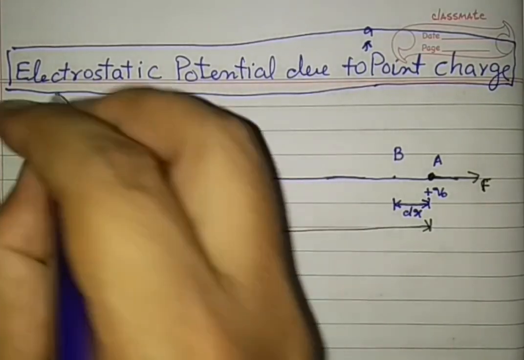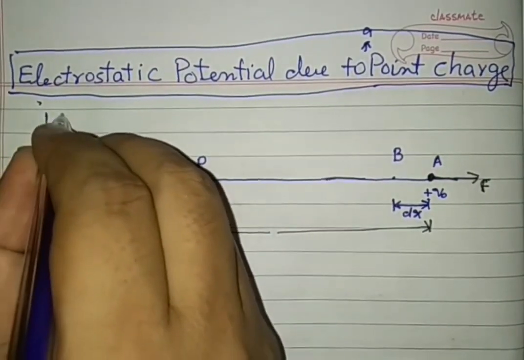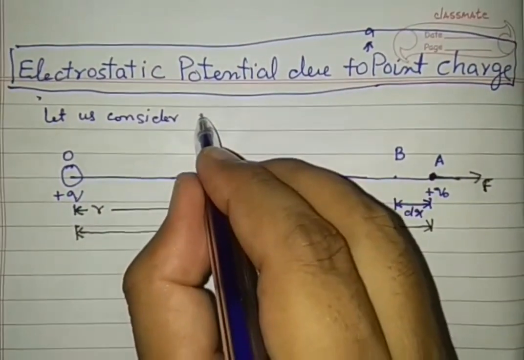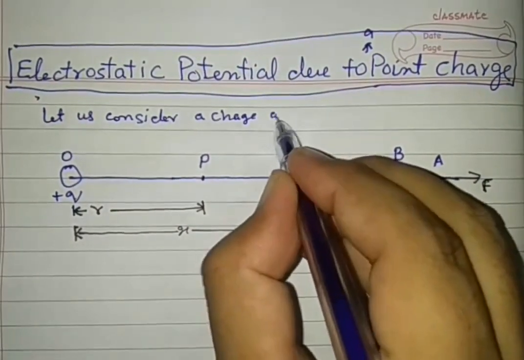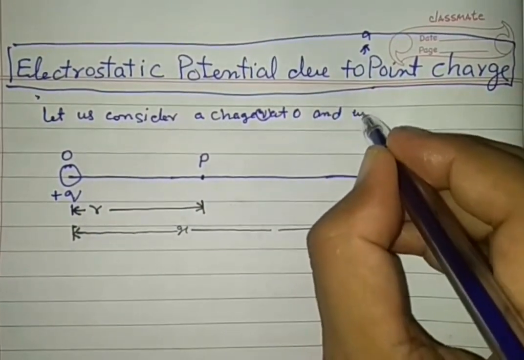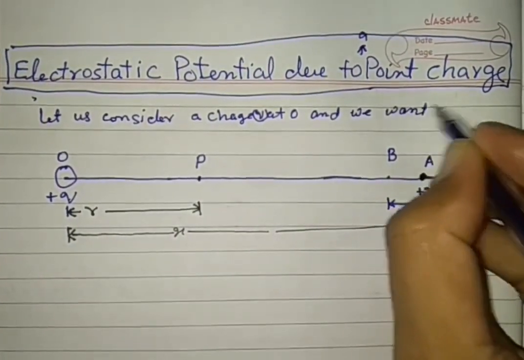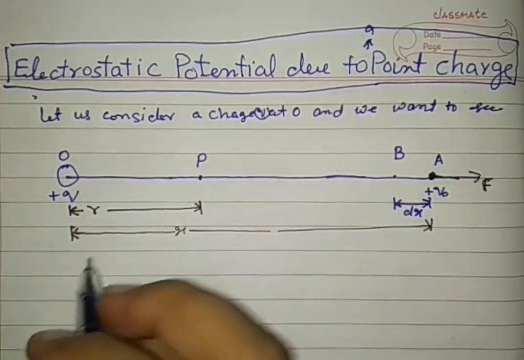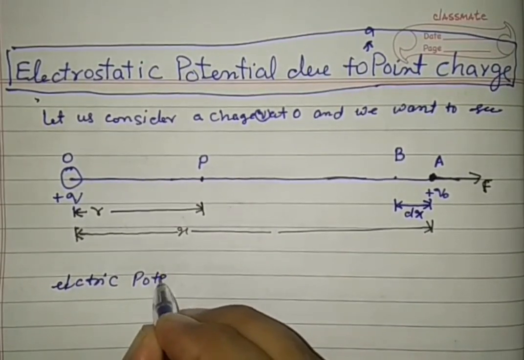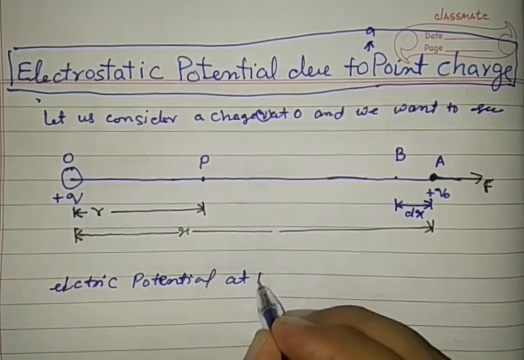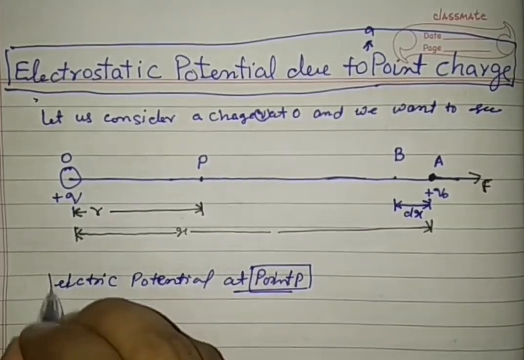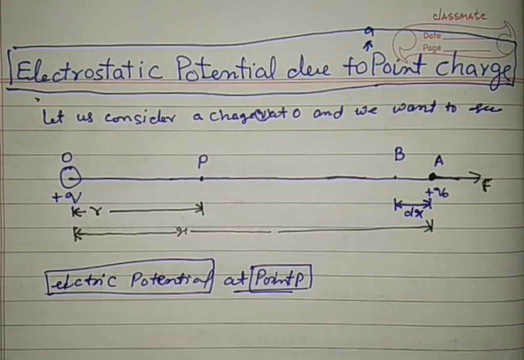What is the plan? Let us consider a charge Q at O, and we want to see electric potential at point P. At point P, we are going to calculate electric potential due to this charge.